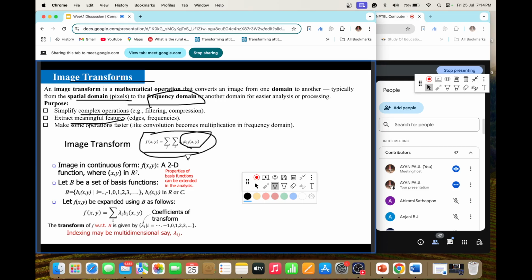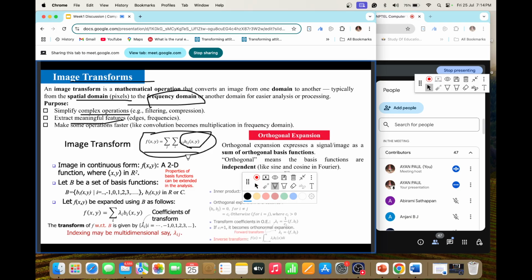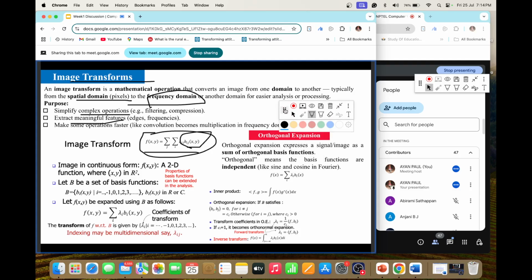Now let's say this is the orthogonal expansion. What is this orthogonal expansion? If there is a two-dimension image, you are transforming it into a sum of orthogonal basis functions. Orthogonal functions mean both functions are independent of each other.